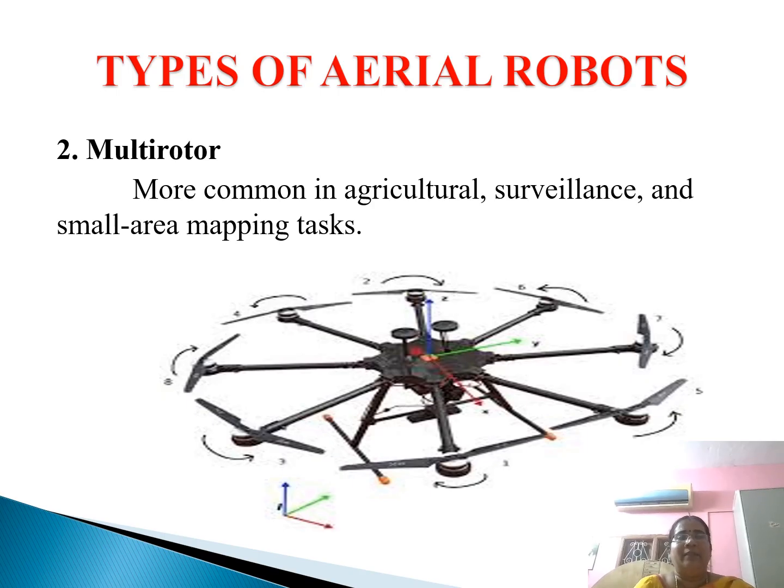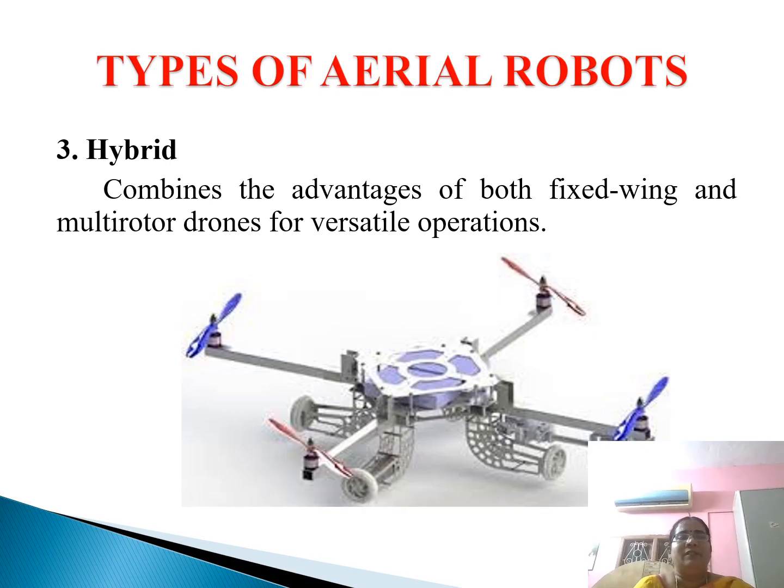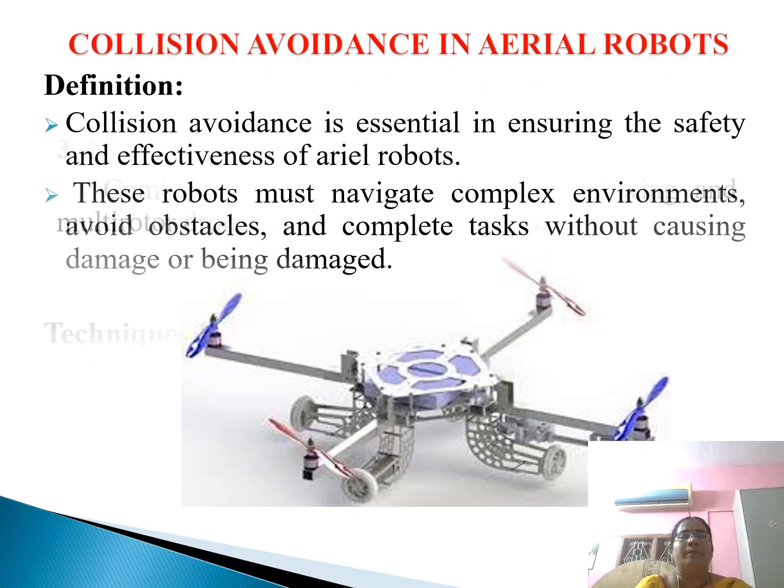This is the diagram of multi-rotor. Next, hybrid aerial robots. They combine the advantages of both fixed wing and multi-rotor drones for versatile operations. These are the diagrams of the hybrid aerial robot.